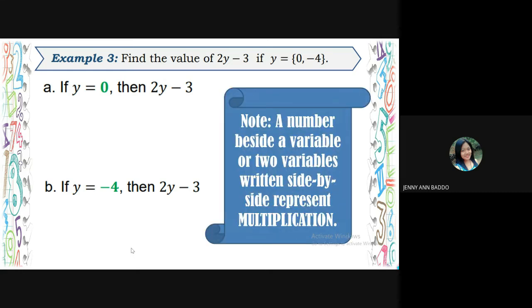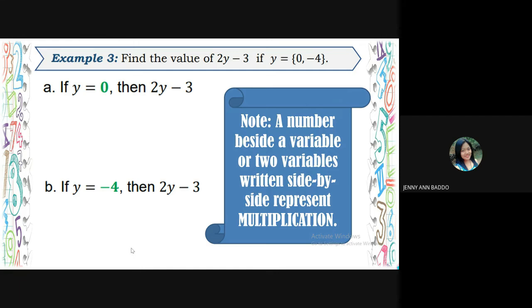Always remember, a number beside a variable, or two variables written side by side, represent multiplication. So if we have a number and a variable together, like 2y, or variables written side by side like AB or CD, take note, they represent multiplication.